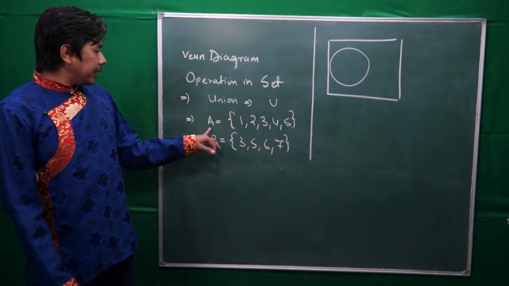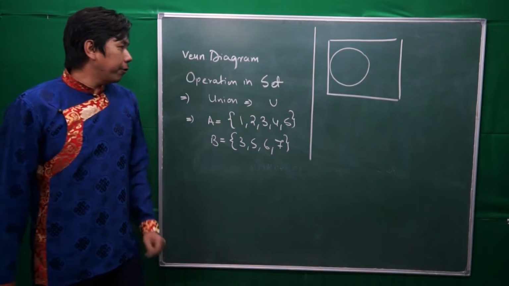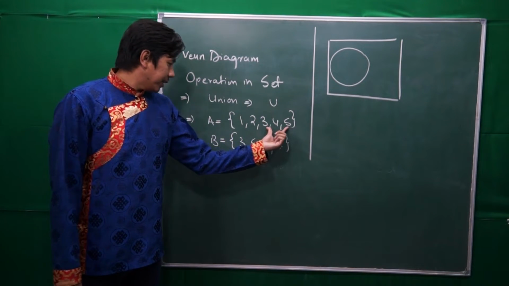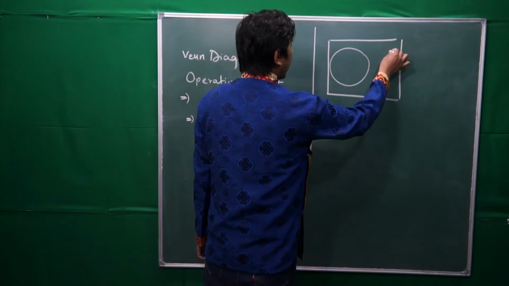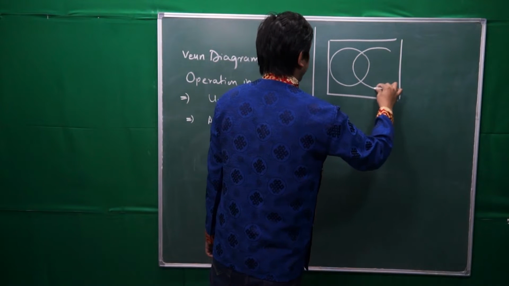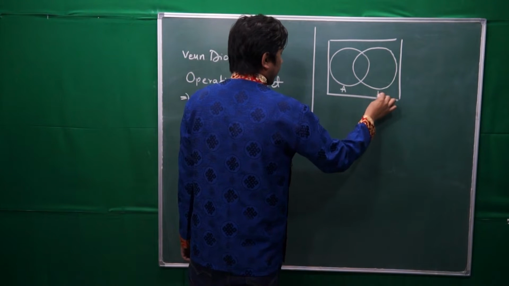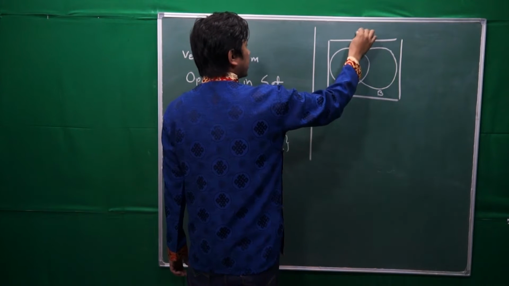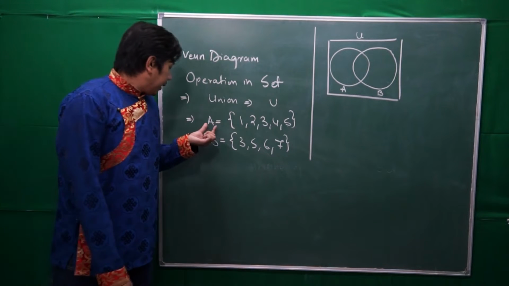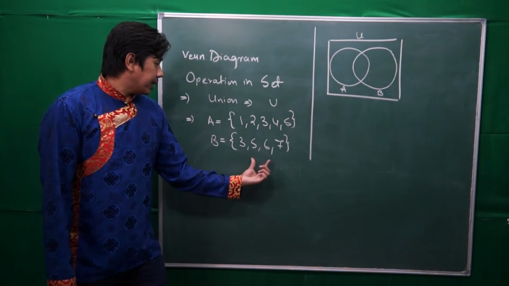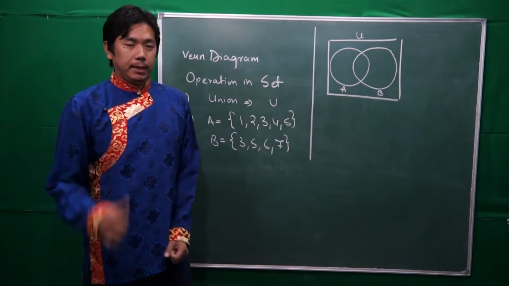Certain elements of set A are also in set B, so we will overlap the set A diagram with the set B diagram. Let's say this is set A and this is set B, and this whole square box is the universal set U. The elements that are the same in the two sets will be written in the region where both the sets are overlapping. Is it clear?